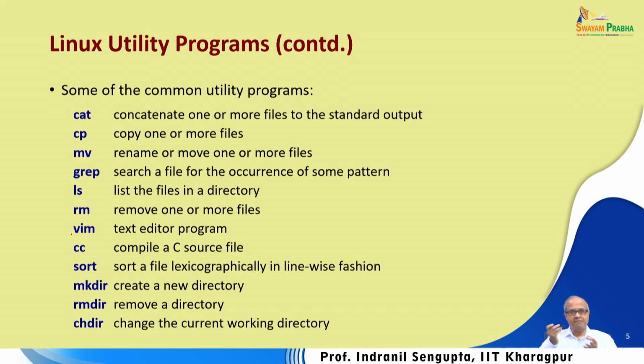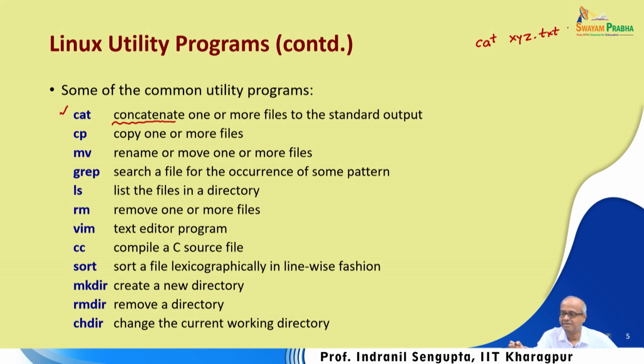Now, a few of the utility programs are shown here on the slides. These are very common. We use these utility programs very commonly in our day to day use when you interact with the operating system, Linux operating system. Like the first command is cat, which is the short form for concatenate. Like if I give a command like cat some file name, let us say xyz.txt.